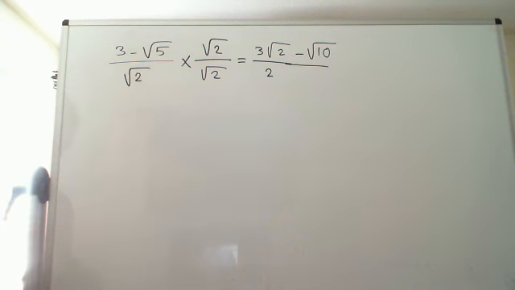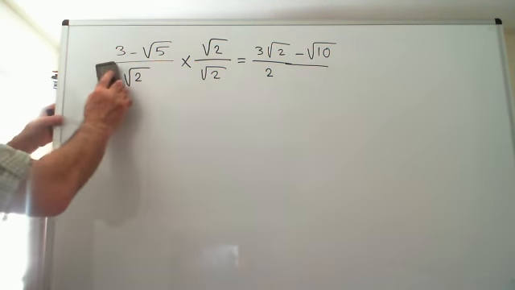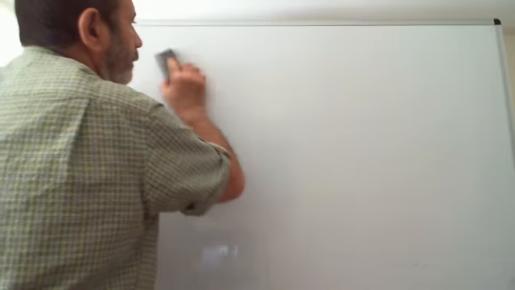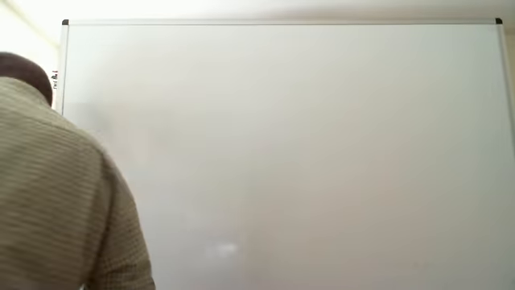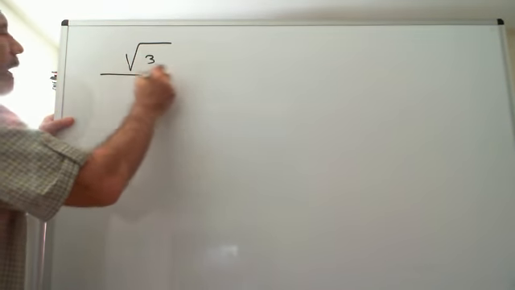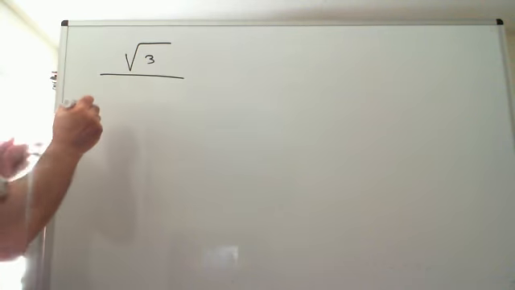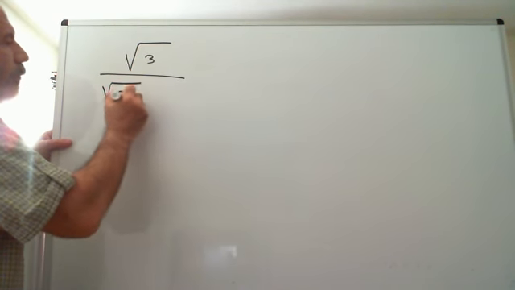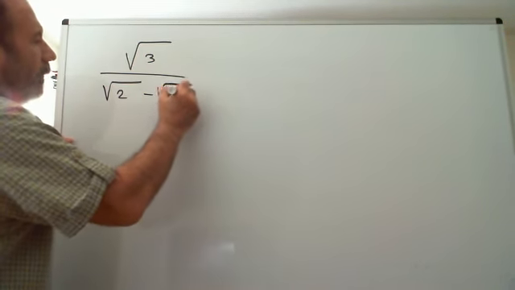Now, what if we have two terms in the denominator? Look at this example: radical 3 over radical 2 minus radical 5.